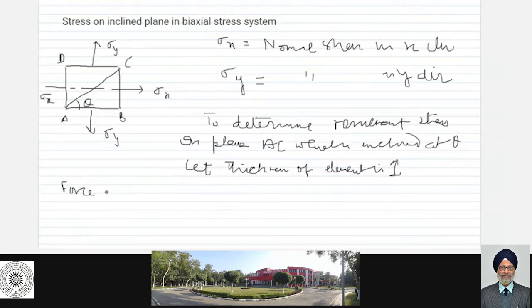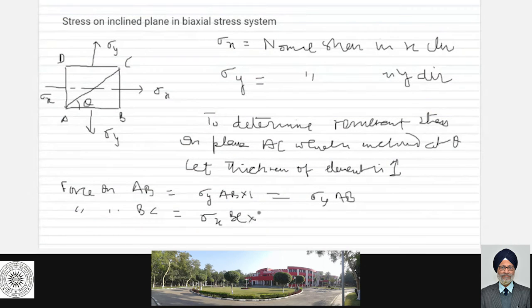The force on AB will be sigma y into AB into 1. So this is sigma y into AB. Force on BC will be sigma x into BC into 1. So it is sigma x into BC.